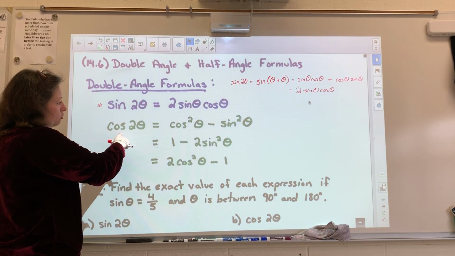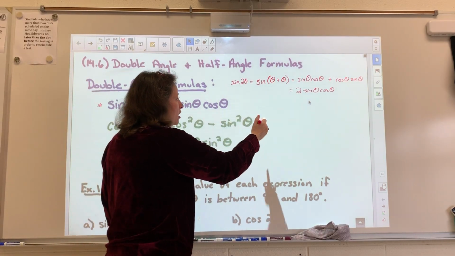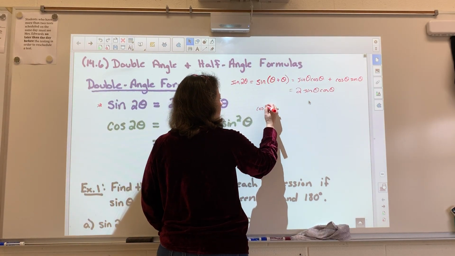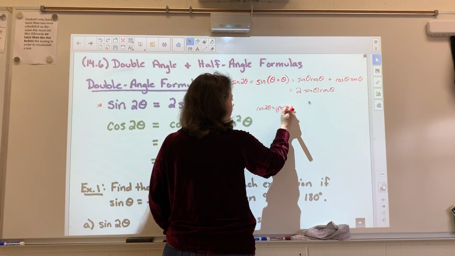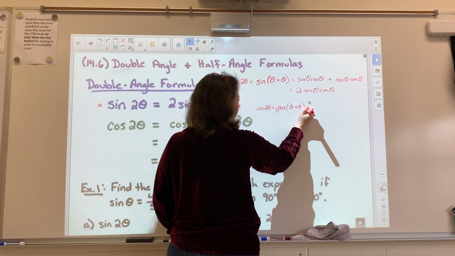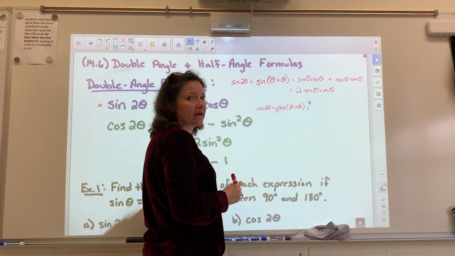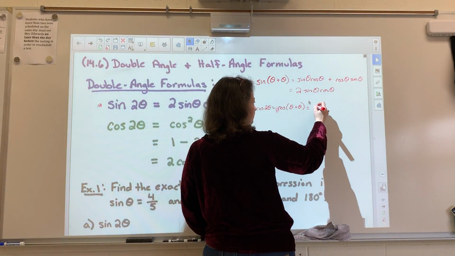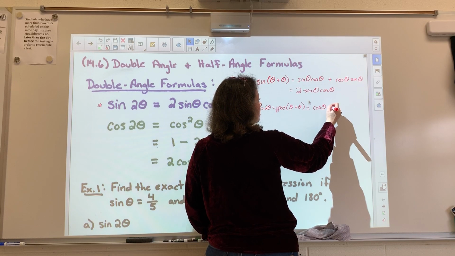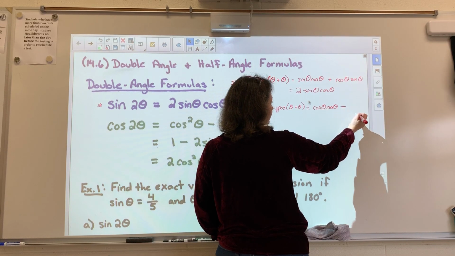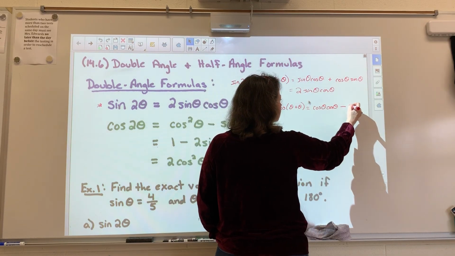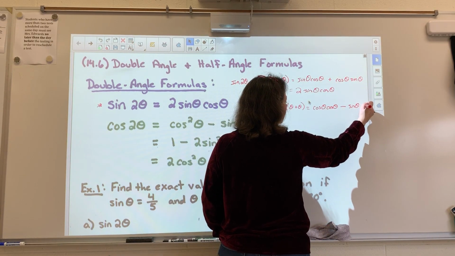The first cosine double angle formula also can come from the addition formula we know. So this is the same as cosine of the same angle being added. How does cosine expand out from section 5? Cosine theta, remember that one is cosine cosine, minus, the sign switches, sine sine.